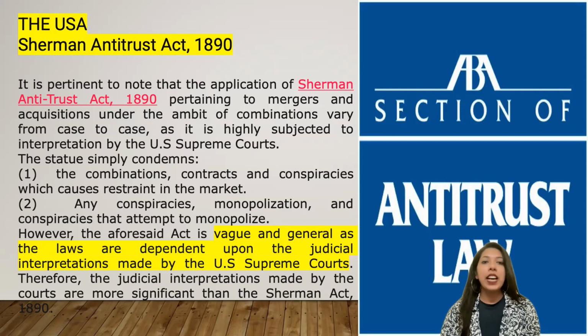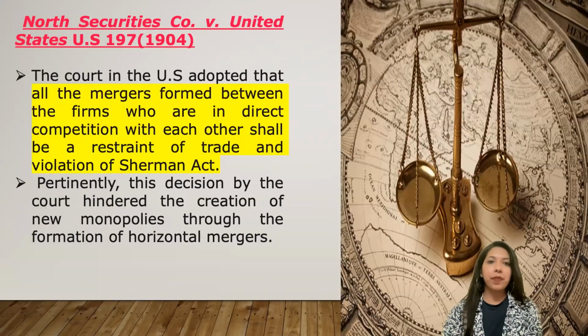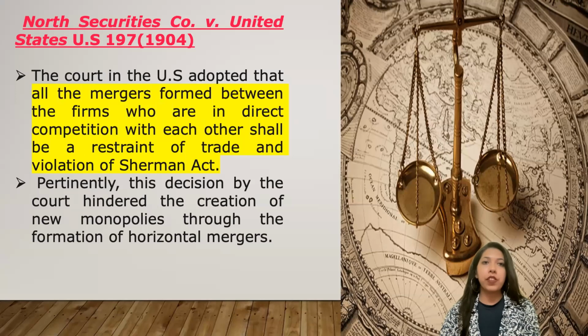The first is combinations, contracts and conspiracies which cause restraint in the market. The second is monopolization and conspiracies that attempt to monopolize. These can be termed anti-competitive practices falling under the Sherman Antitrust Act of 1890. There is a very important landmark case, Northern Securities Company versus United States, a 1904 case, an old case.